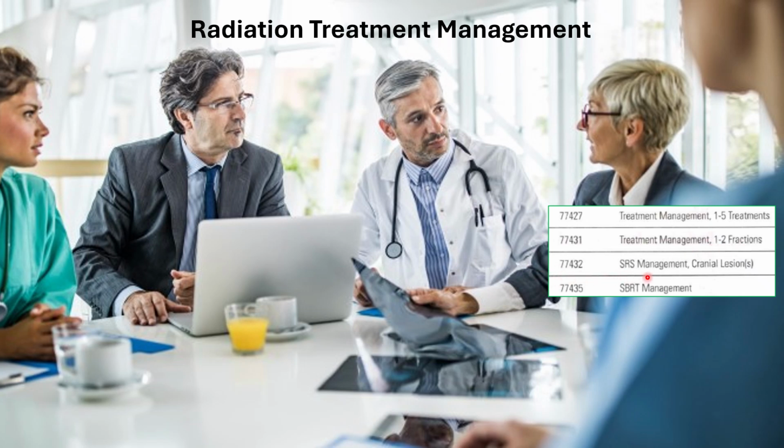This is SRS management cranial lesions. So the treatment is directed at cranial lesions. And 77435, SBRT management, and that's stereotactic body radiation therapy. So these are your codes, but it is the 77427 that we're going to really hone in on.